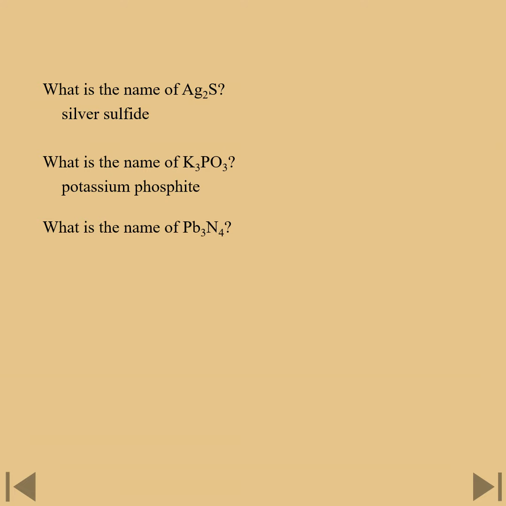What's the expected charge on a single nitride? -3. 4 -3s would be -12. And -12 is balanced by +12. So each lead must be +4. For lead, Roman numeral 4, nitride.